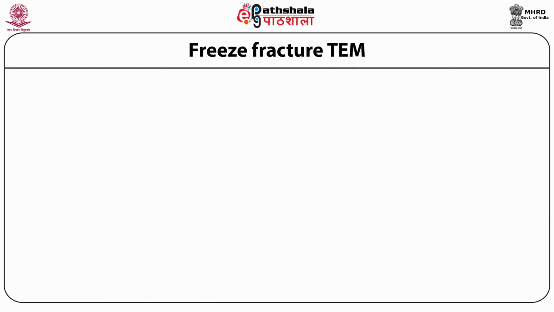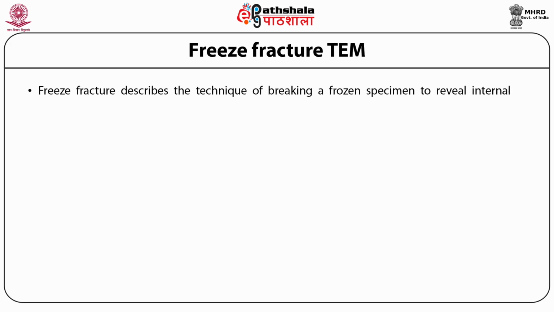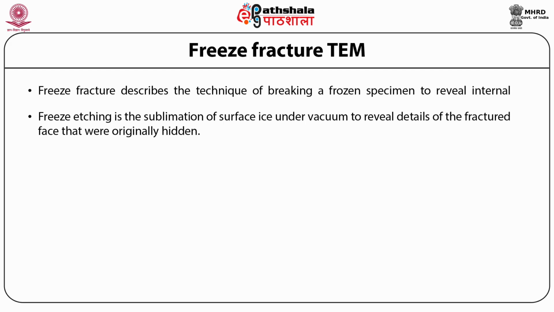Freeze fracture TEM is another technique, which describes the breaking of a frozen specimen to reveal internal structures, and freeze etching is the sublimation of the surface ice under vacuum to reveal details of the fractured face that were originally hidden.